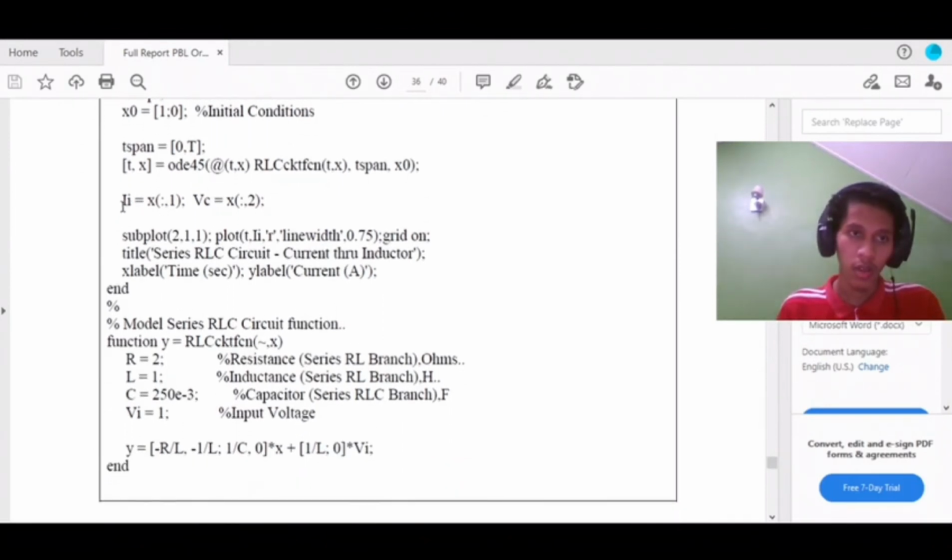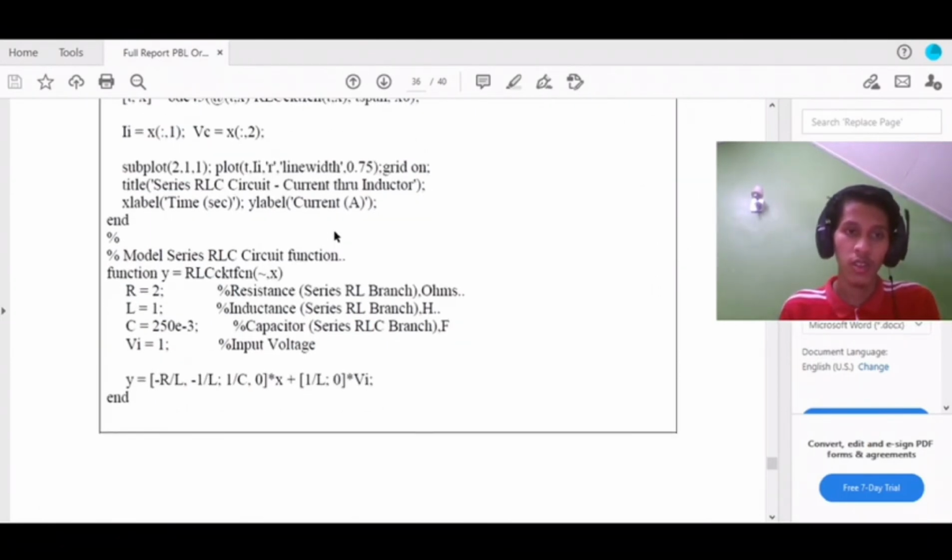I use x 1 for VC and x 2. Subplot 2, 1, 1, plot line width 0.75, grid on. The x label is time in seconds and the y label is current in amperes. The model series is the RLC circuit function.